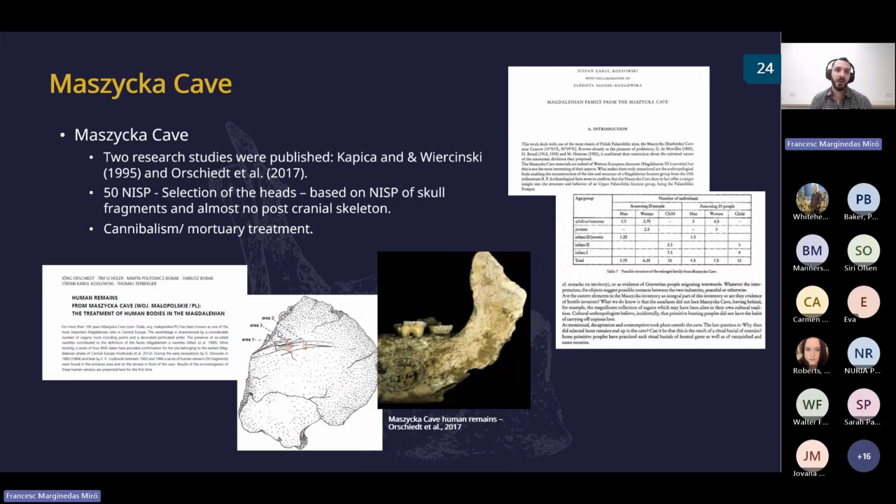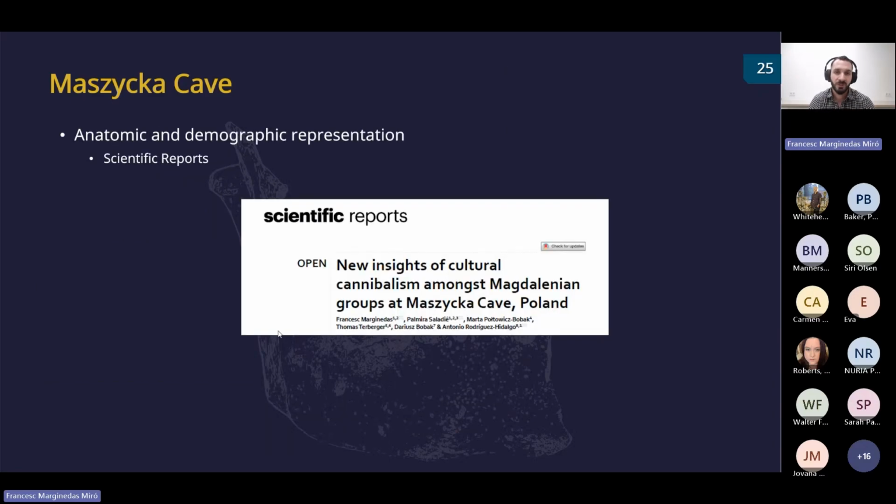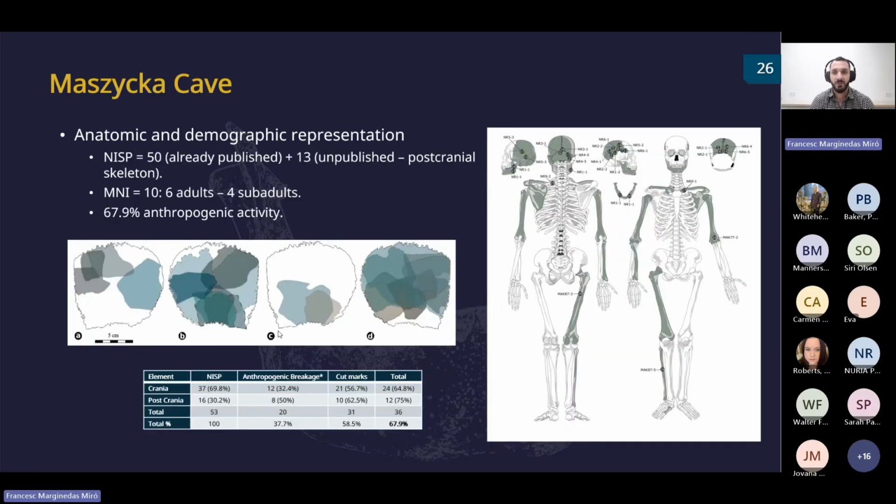So the fact that the site didn't have the postcranial skeleton was one of the reasons that allowed them to discard the hypothesis of cannibalism. So our revision was published in February of last year in Scientific Reports, and we studied the 50 specimens already published, plus 13 unpublished ones that are actually from the postcranial skeleton.